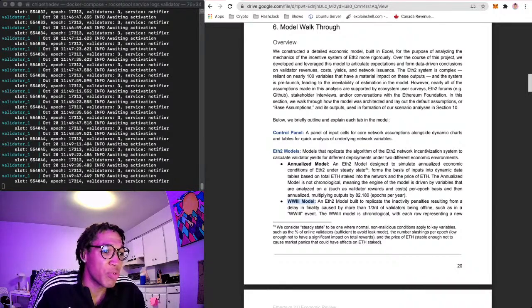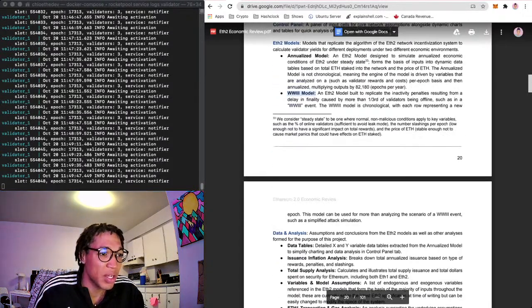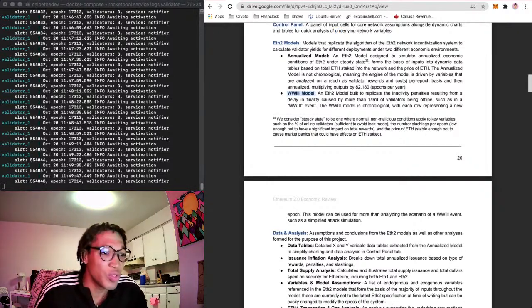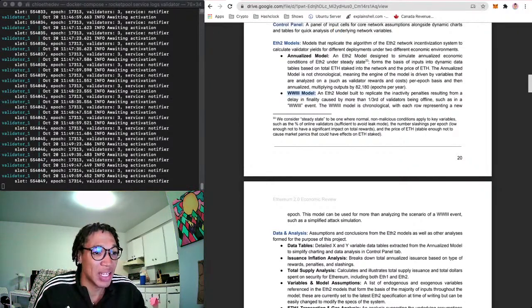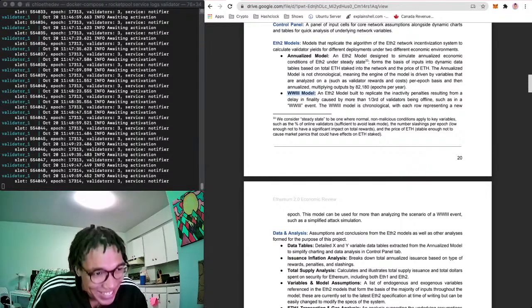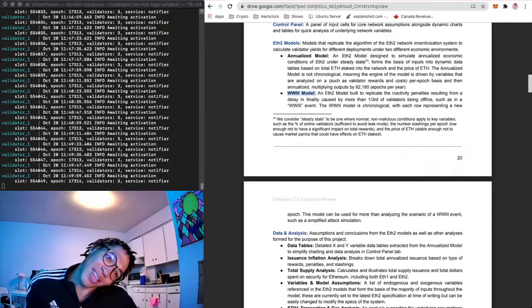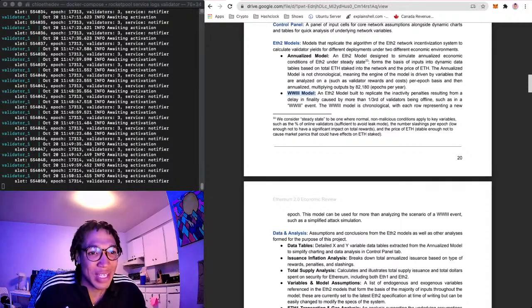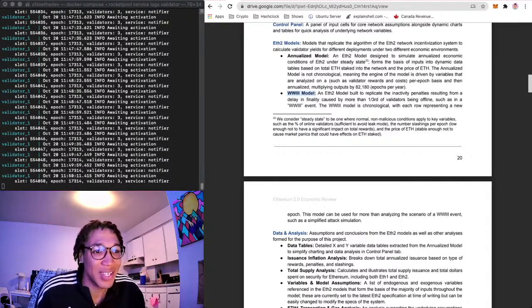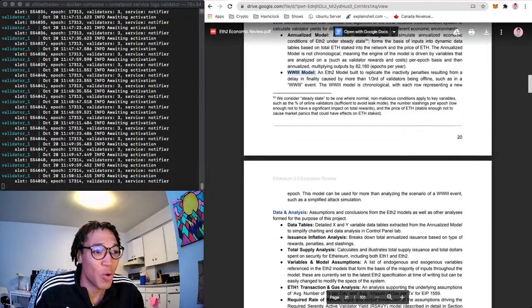The World War III model is chronological, with each row representing a new epoch. This model can be used for more than analyzing the scenario of a World War III event, such as a simplified attack simulation. Again, if you attacked, these are the things that would happen in that order.